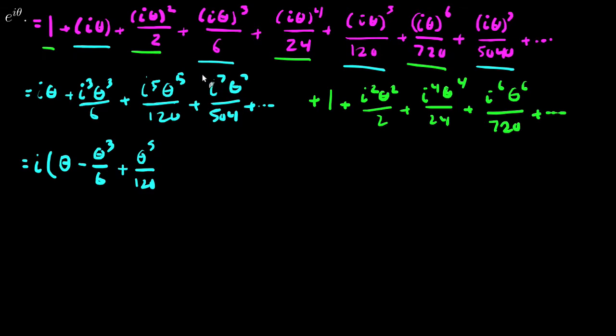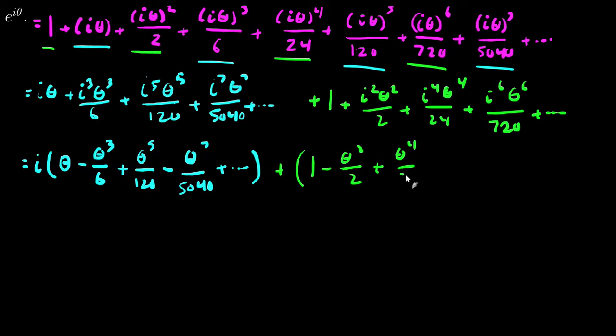I to the sixth is negative 1, and lo and behold, I get, in here, sine of theta. Over here, I don't need to factor anything out because i squared is negative 1. I get negative theta squared over 2 straight away. I to the fourth is positive 1, so I get plus theta to the fourth over 24. I to the sixth is negative 1, so I get minus theta to the sixth over 720. And without even factoring anything out, I can see that this is cosine.